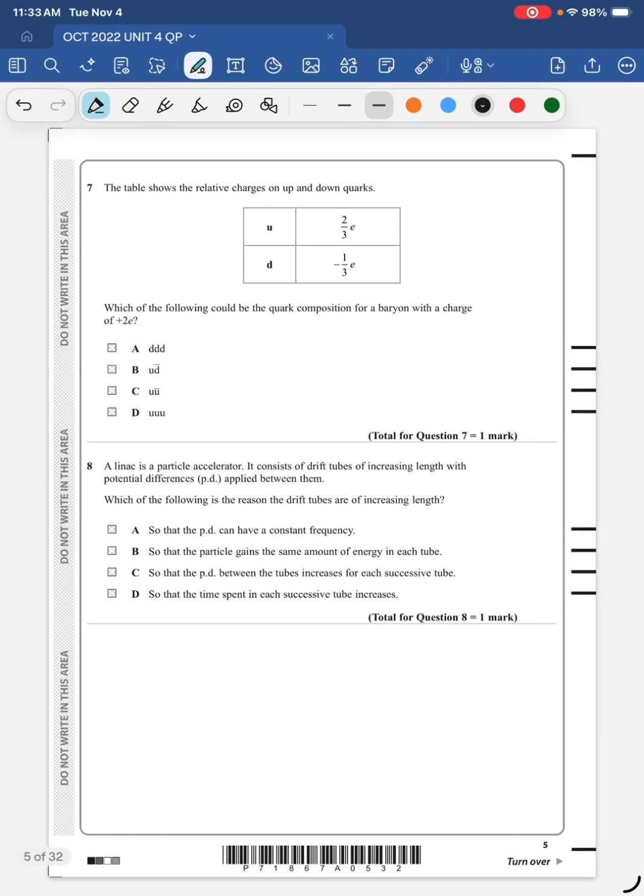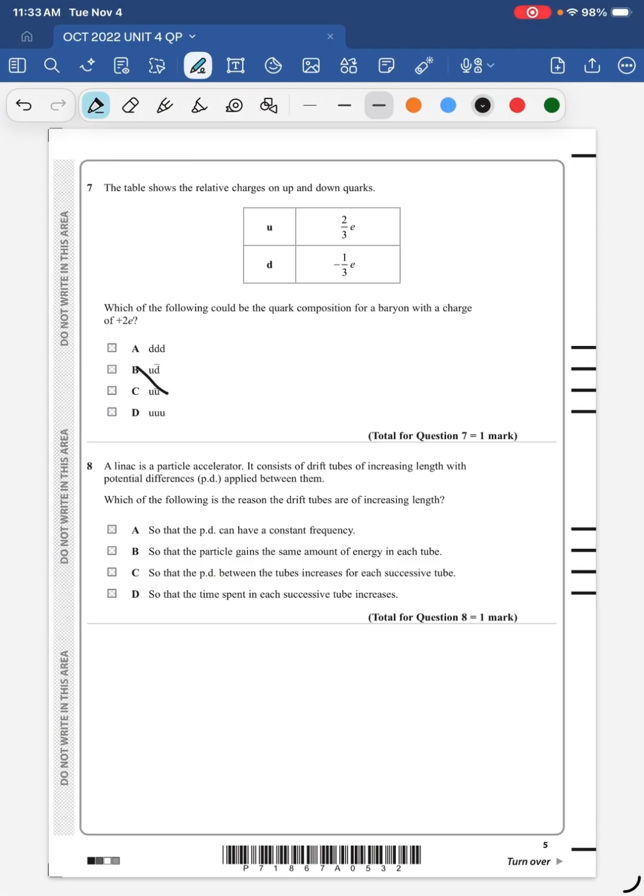Moving on, I keep saying option, I don't know why. Question 7. The table shows the relative charges of up and down quarks. Which of the following could be a quark composition for a baryon with charge of plus 2e?